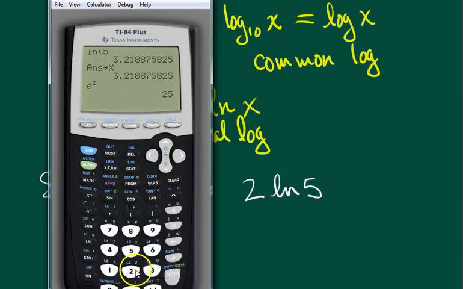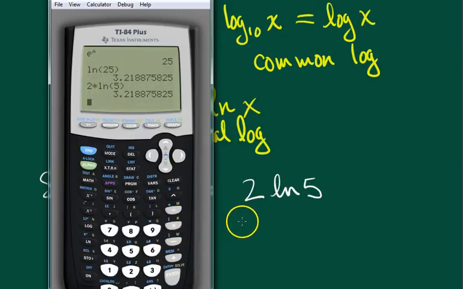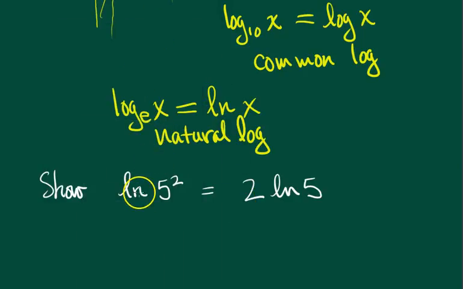So then the question is, is this log of 25 the same as 2 times the log of 5? Yes, it is. So the moral here is that we have managed to show that the log of 5 squared is the same if I bring the exponent down in front and call that 2 times the log of 5.